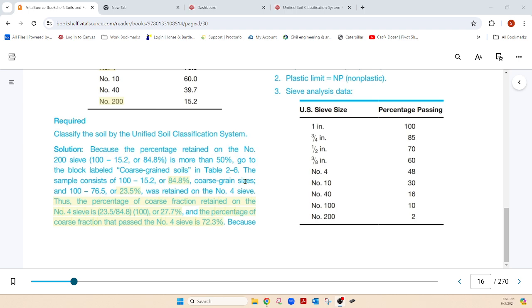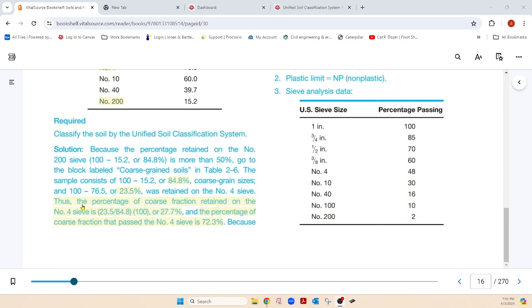That's what's retained. And 100 minus 76.5 or 23.5% was retained on the number 4 sieve. We got 84.8 retained on the number 200 sieve, and 23.5% retained on the number 4 sieve.